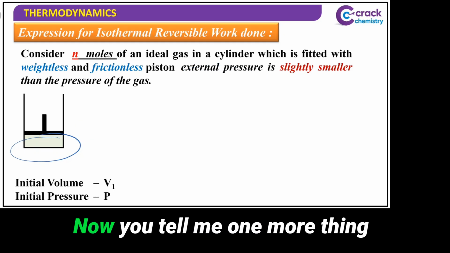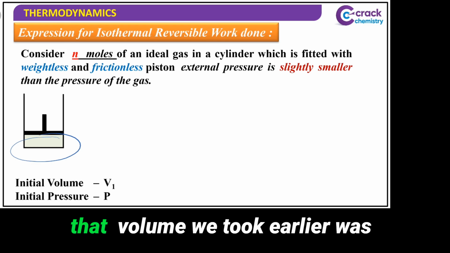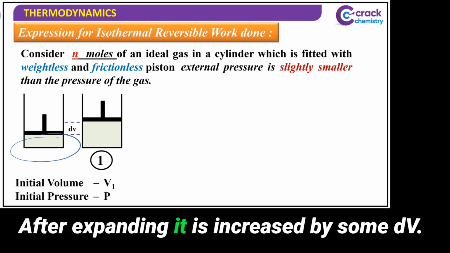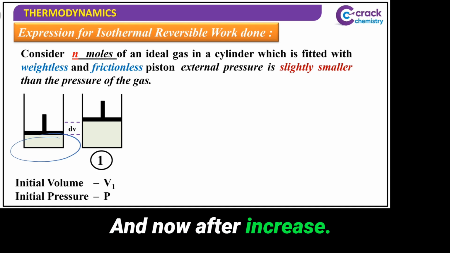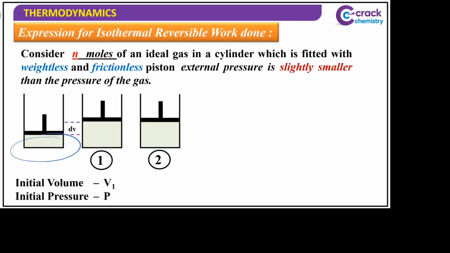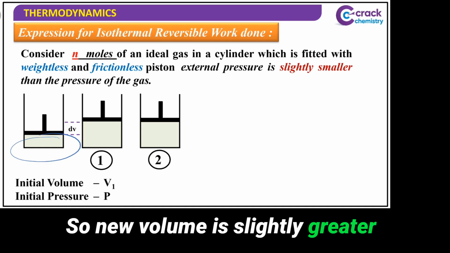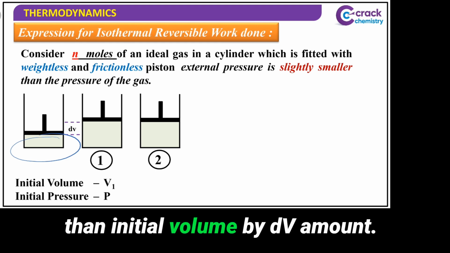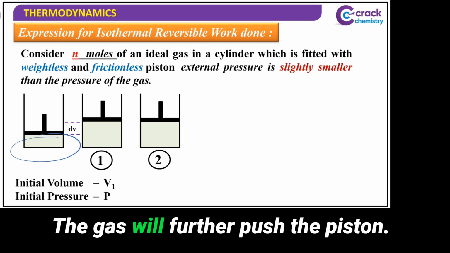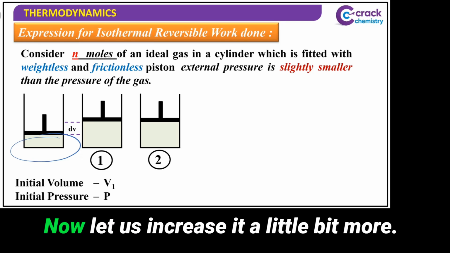Okay, now you tell me one more thing. The volume we took earlier was V1 and now let us expand it. After expanding, it is increased by some dV, and now it has a new volume, slightly greater than the initial volume by dV amount. Now let us push further. The gas will further push the piston. Let us increase it a little bit more.